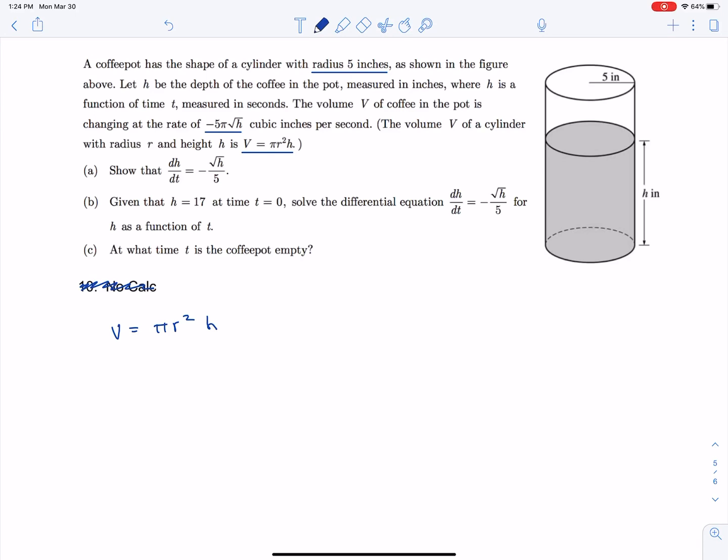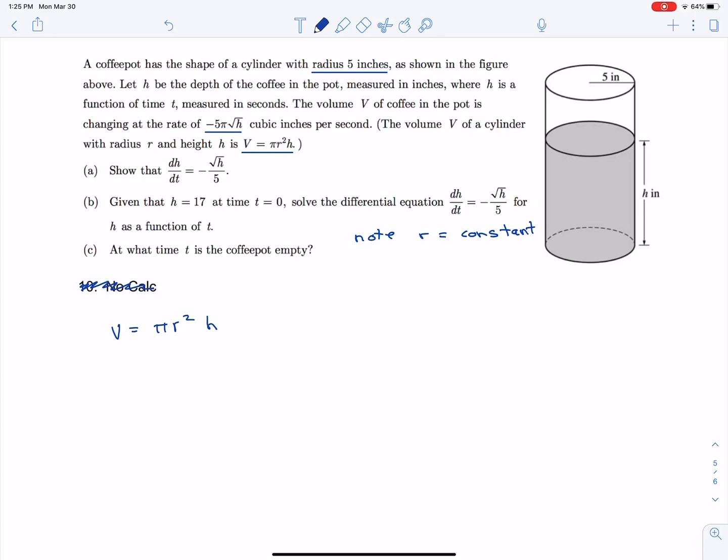But before I do that, a couple of things. One, it's important to notice regarding r. I'm just going to put a little note here: r is a constant. And here's what I mean by that. Notice what changes as time goes by. I think you'd agree, the height changes.